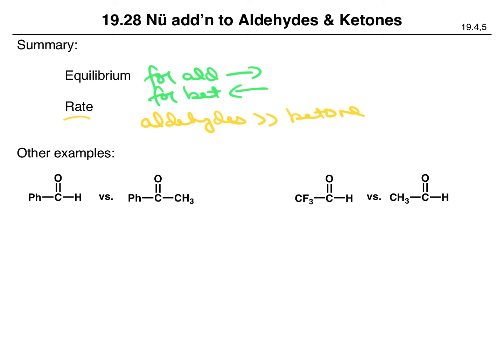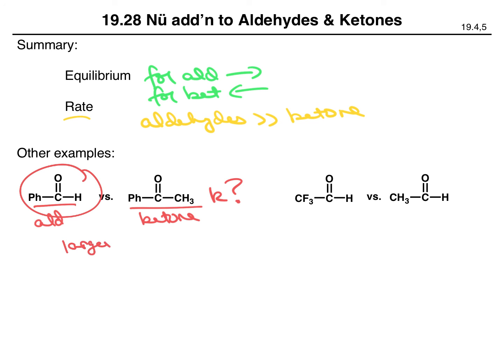Let's say we are looking at benzaldehyde compared to acetophenone, and we want to know which one has the larger rate constant K. Well, what we're looking at is an aldehyde compared to a ketone. So we know that aldehydes are faster than ketones, so this one will have the larger rate constant K.